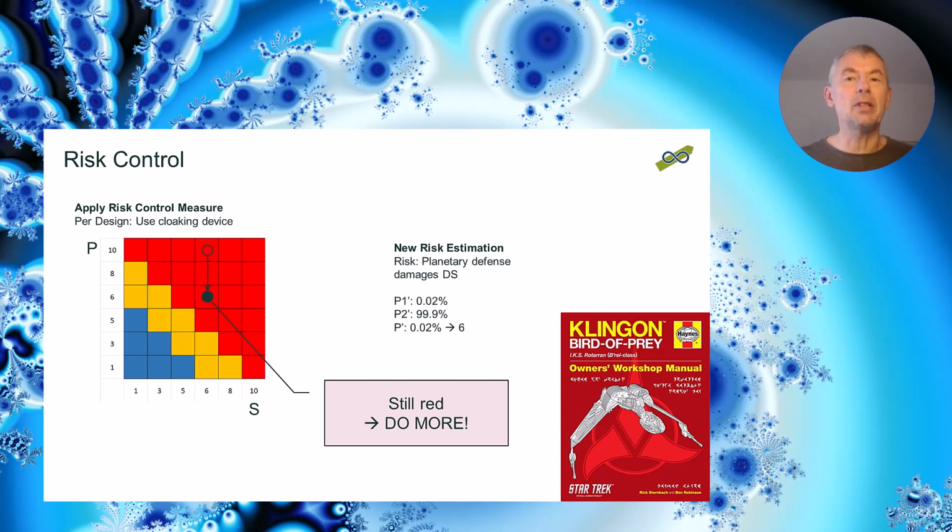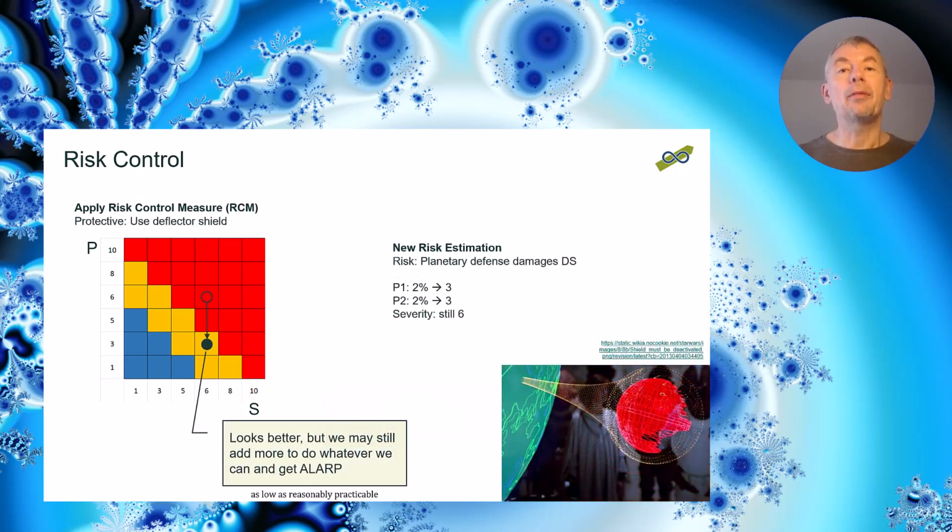You're still going to see some distortions. You can measure some gravitational waves coming from the Deathstar, so probability doesn't go as low as we would like it to be. So we also have this deflector shield.